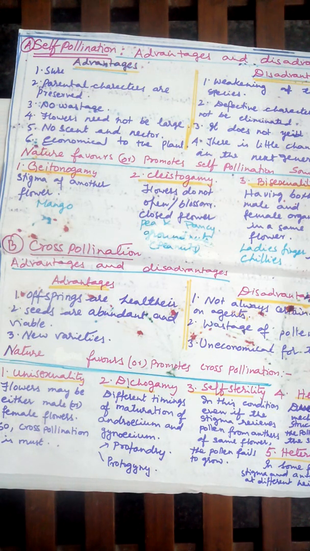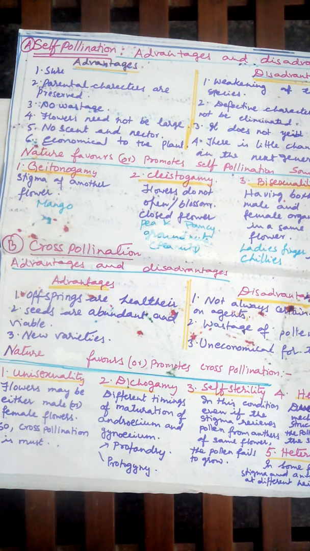Now sometimes nature favors cross-pollination. How does nature favor self-pollination? By various means. In a similar way, by various means nature also favors cross-pollination. The vast majority of flowering plants prefer cross-pollination.